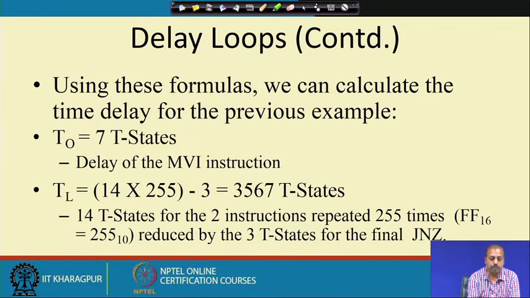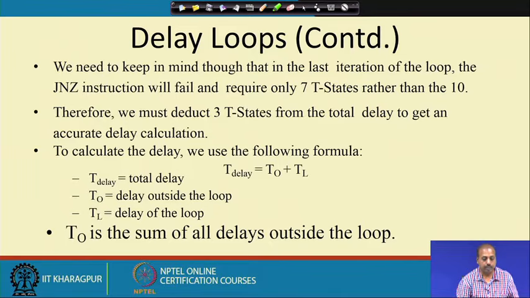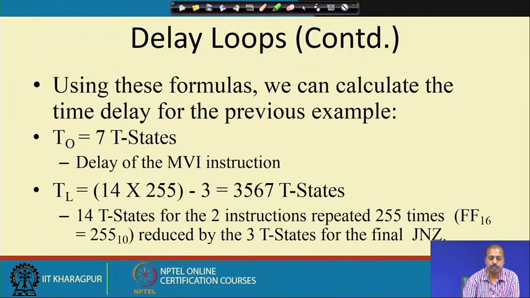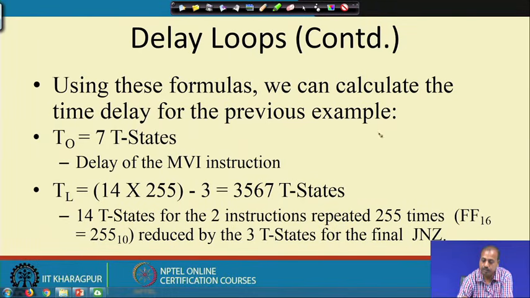This is the T loop part. So the total delay, T delay, is equal to 3567 plus 7, that is 3574 T states, and then depending upon the frequency of operation, you can calculate the overall time needed. Here I have 3574 clock cycles.